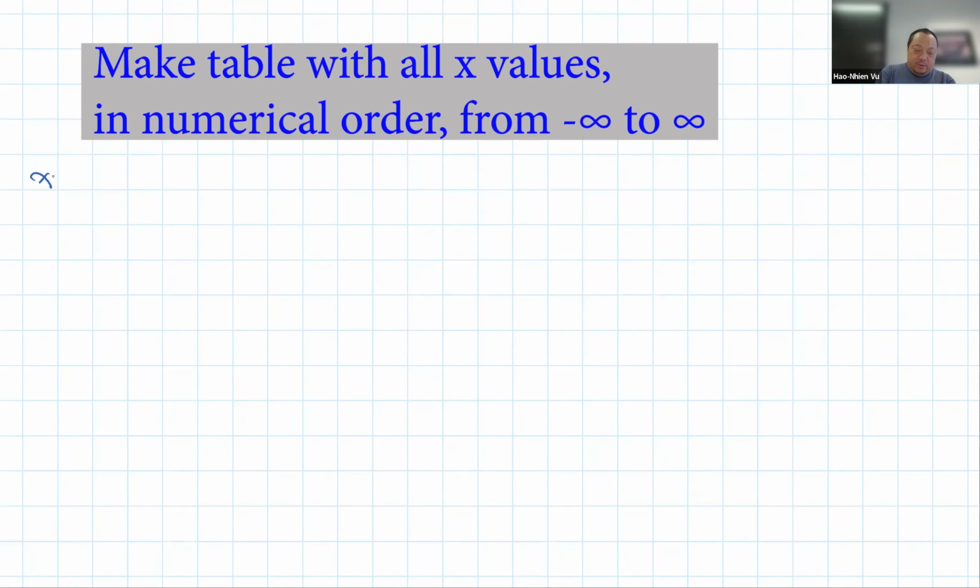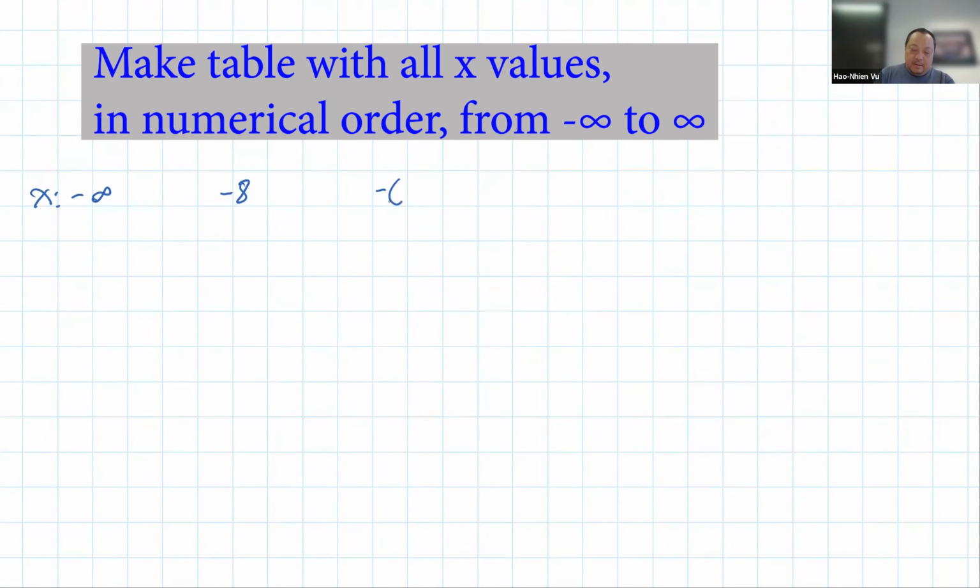So I have a table where x starts out from the far left at -infinity, and it goes to -8, -6, -4, -2, +4, and the positive infinity over here.